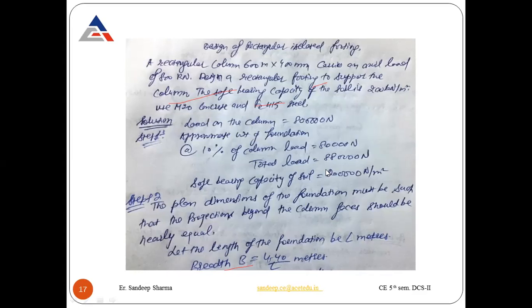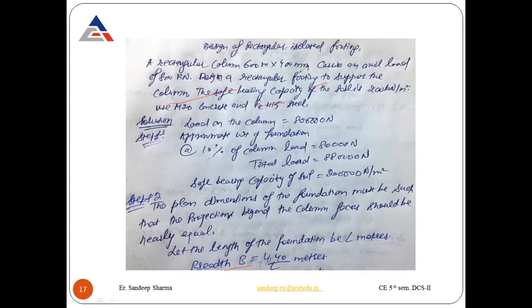This 4.40 is the total area that you will get after dividing the total load by the safe bearing capacity. So the area required, from the total load, is 4.40 meters square.